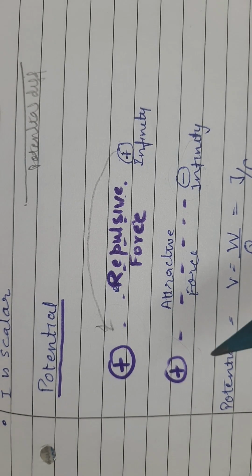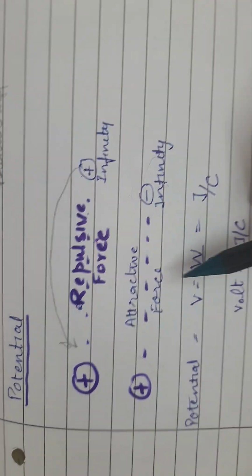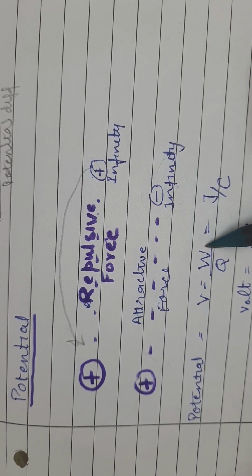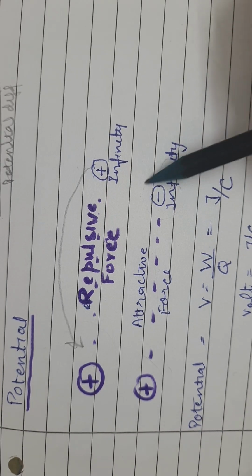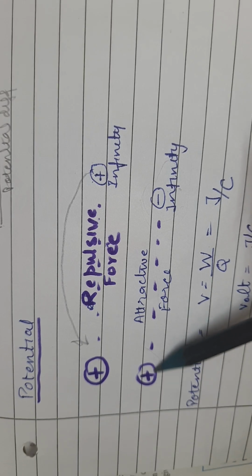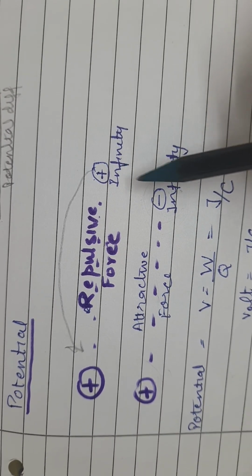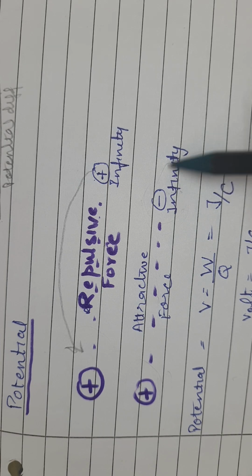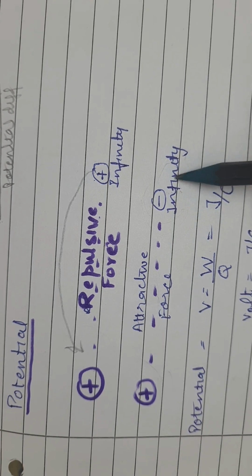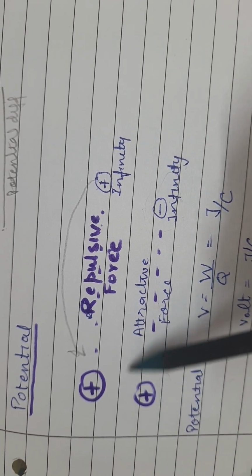So what is potential? It is the amount of work done to bring a charge from infinity to a particular point, meaning from a very far distance to a nearby region.